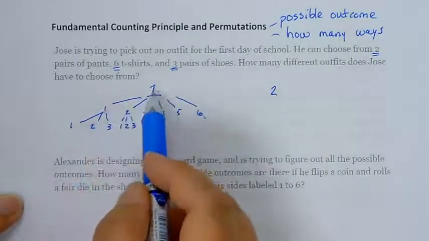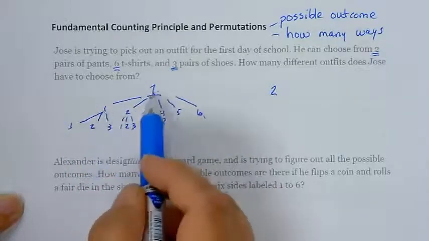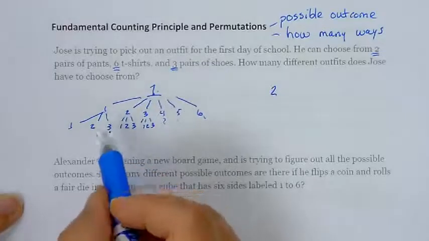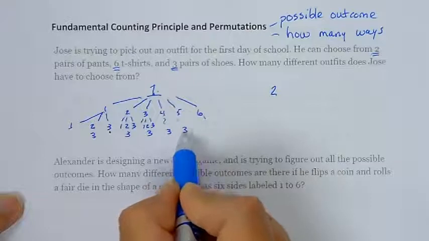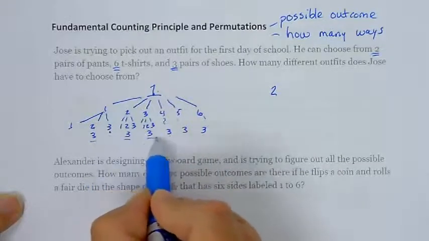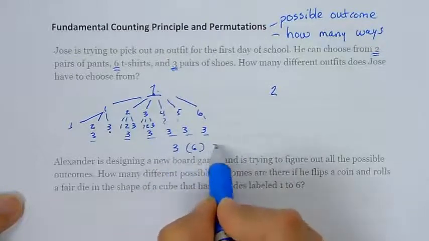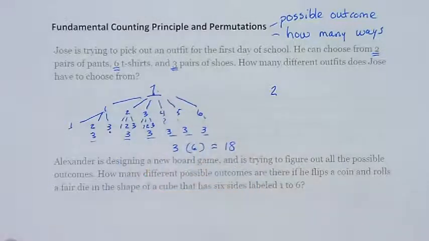So he could have pants 1, shirt 1, shoe 1. Pants 1, shirt 1, shoe 2. Pants 1, shirt 1, shoe 3. So what you can see is he's going to have 3, 3, 3, 3, 3, and 3. So he's got 1, 2, 3, 4, 5, 6 threes. So he could have 18 ways just choosing the first pair of pants.